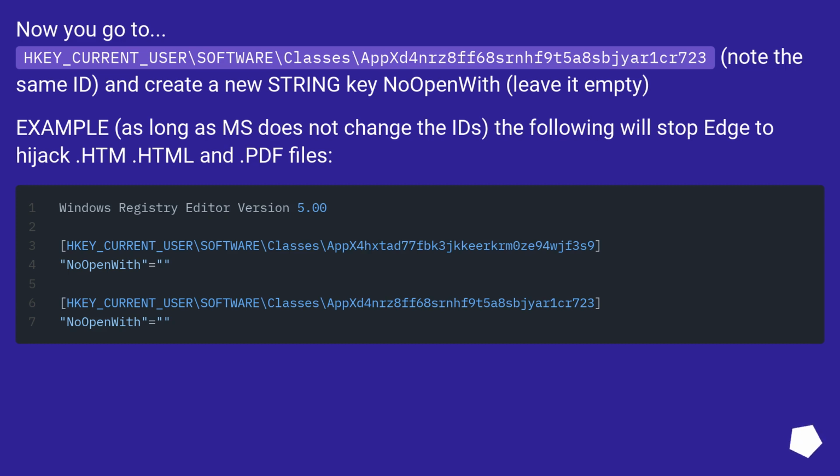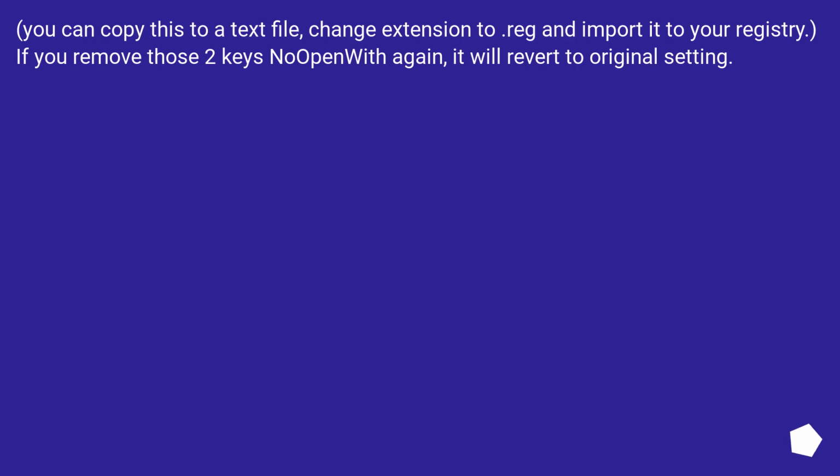Example: as long as MS does not change the IDs, the following will stop Edge from hijacking HTML, HTM and PDF files. You can copy this to a text file, change the extension to .reg and import it to your registry.